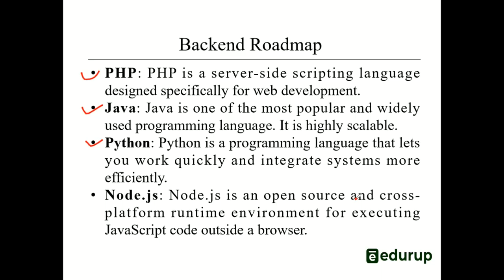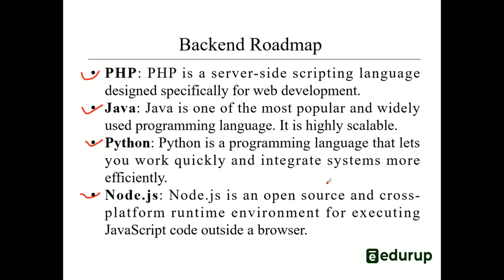Node.js is an open source and cross-platform runtime environment for executing JavaScript code outside of a browser. So nowadays you see that Instagram, WhatsApp, almost everything is made with it. Whatever frameworks they use, they are using it through the MERN stack itself nowadays.